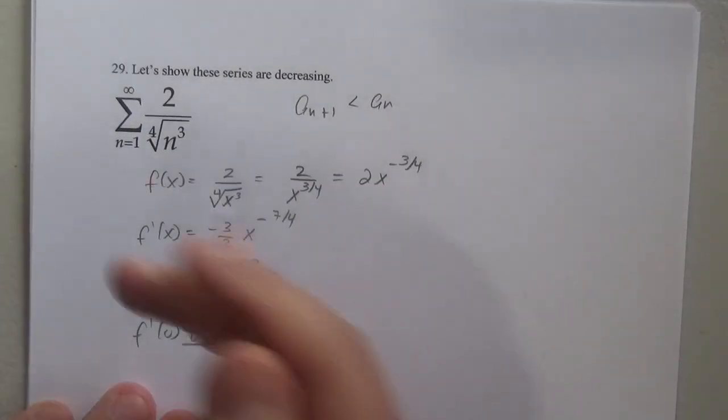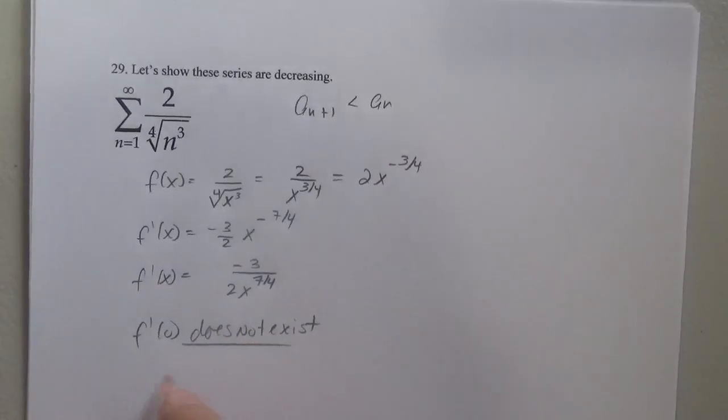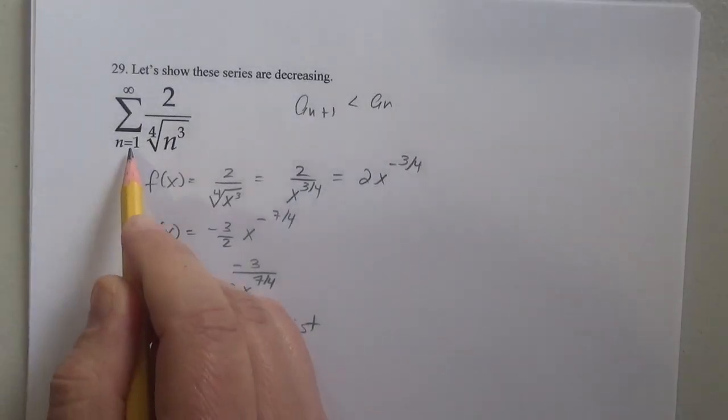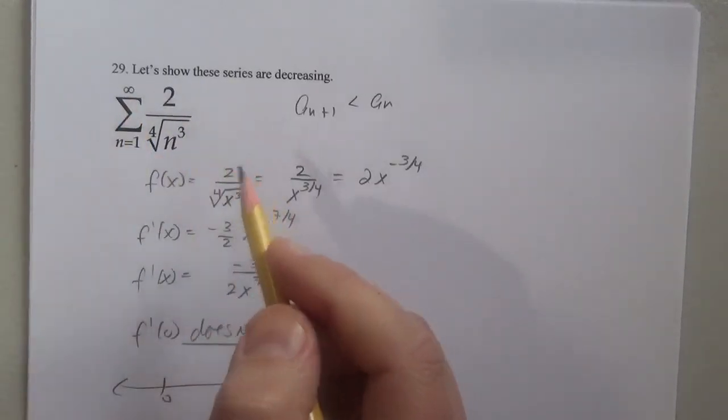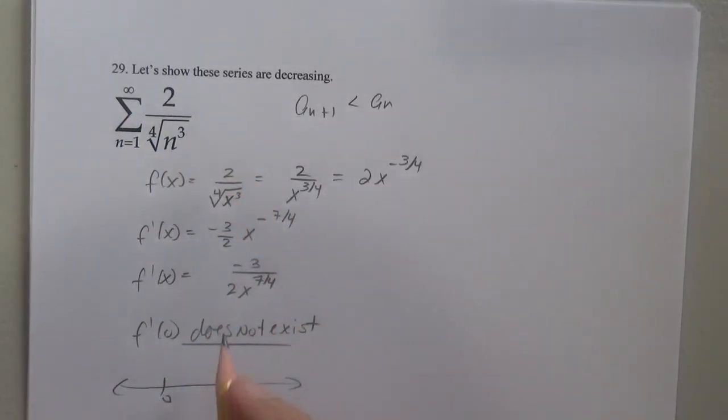So let's just draw a little number line here. Here's 0. Notice that the values I'm talking about are from 1 to infinity. I'm really looking at positive numbers, right? So for f prime of 1, I just need to show that some number to the right of 0 is negative, and therefore I can show that the series is decreasing.